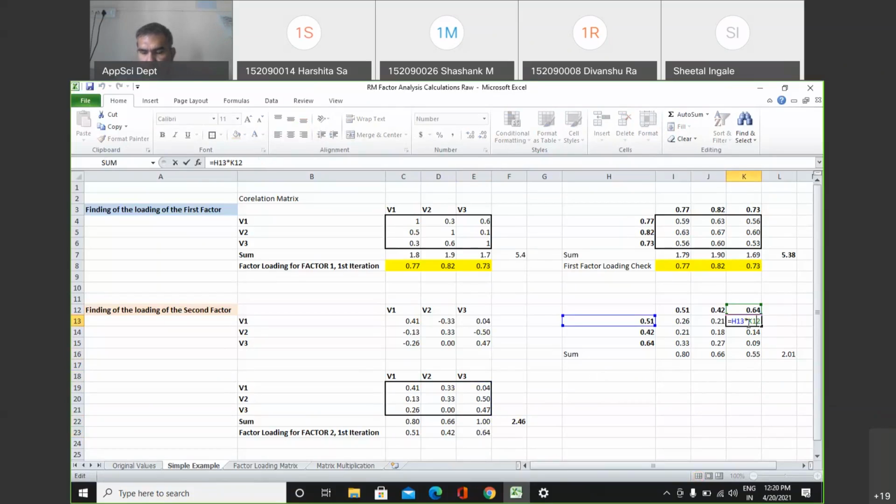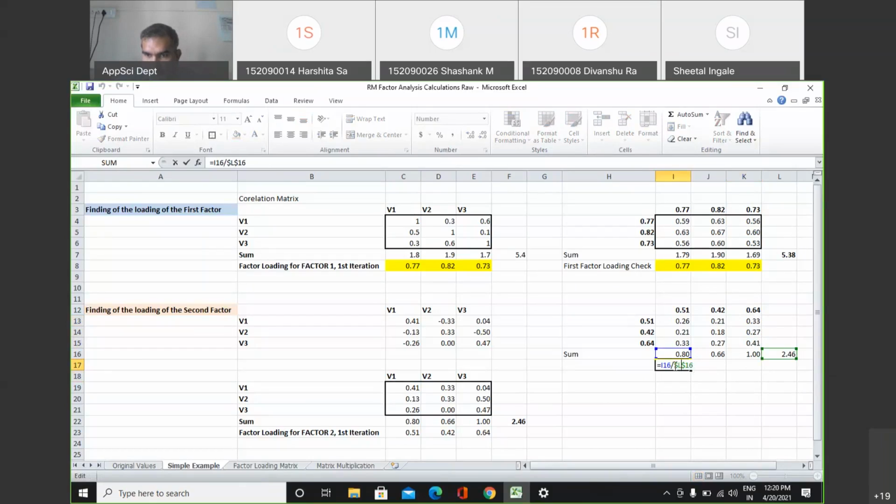Okay. So Excel is helpful, but it also accepts the values we give. Now what happened?